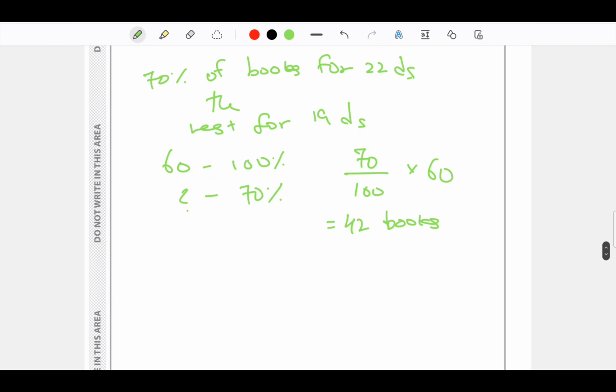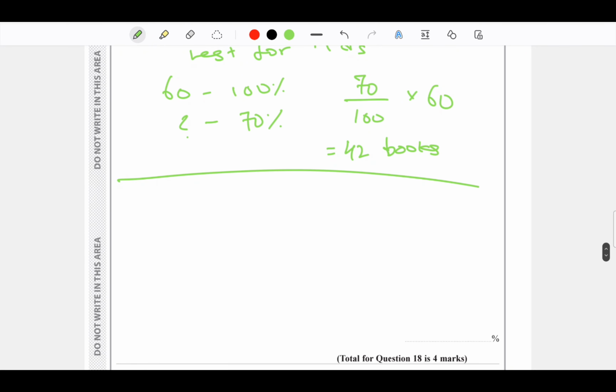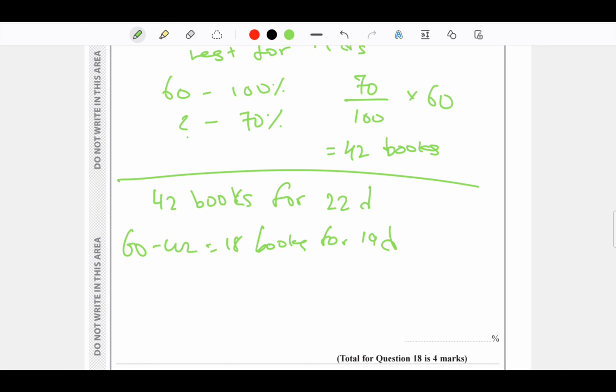Right, so that means she sold 42 books for 22 Ds. And what is 60 minus 42? 18 books for 19 Ds.